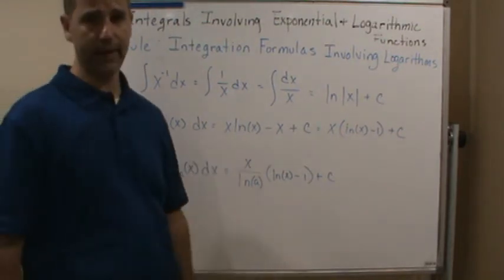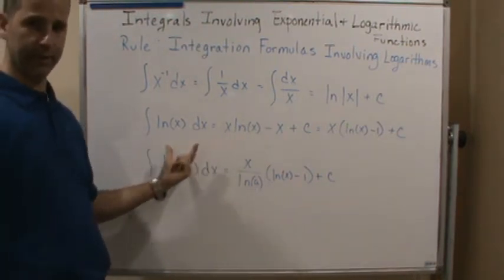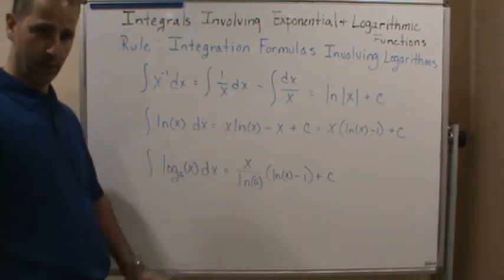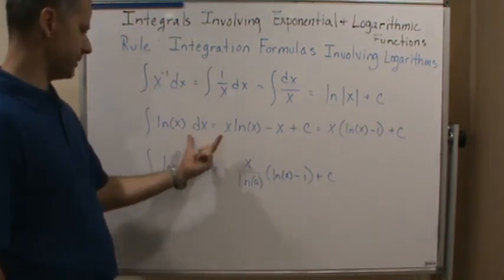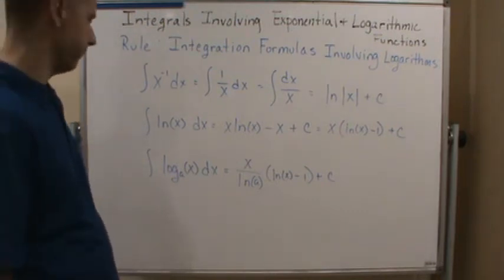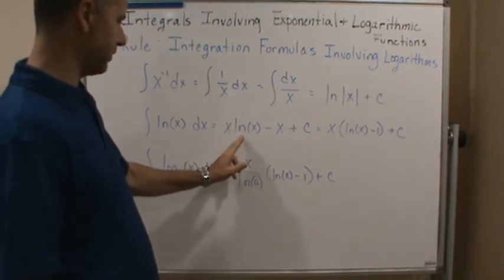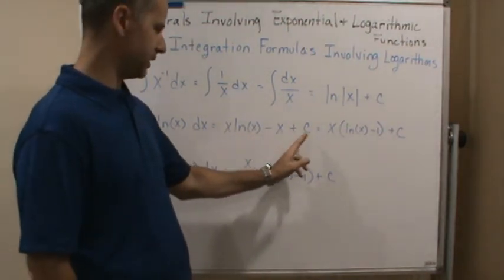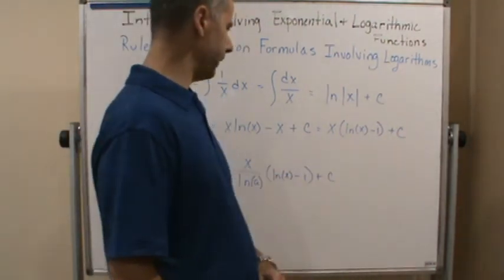We're going to show that that's true later on. We can derive this using another technique that we'll introduce later. But it's good to just memorize this, and later on we'll be able to derive it if you forget. So the integral of the natural log of x is x times the natural log of x minus x plus c, or we can factor out the x and write it this way.